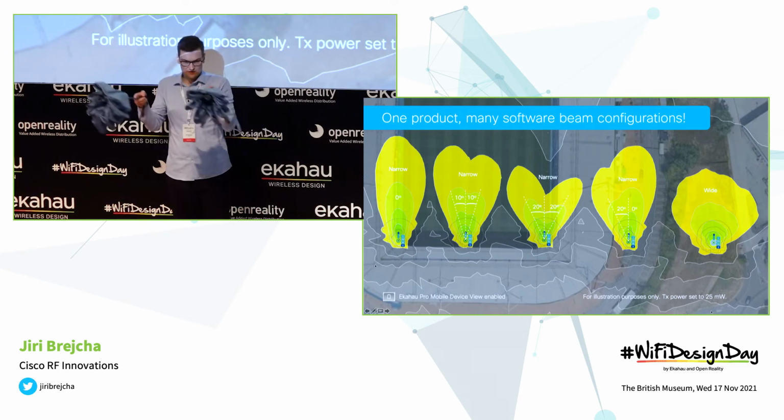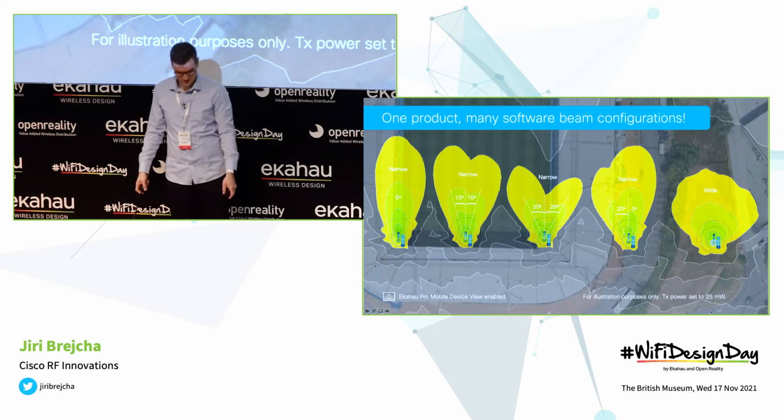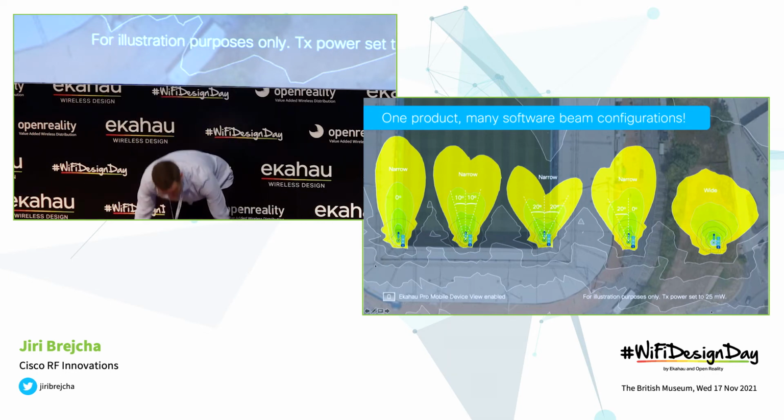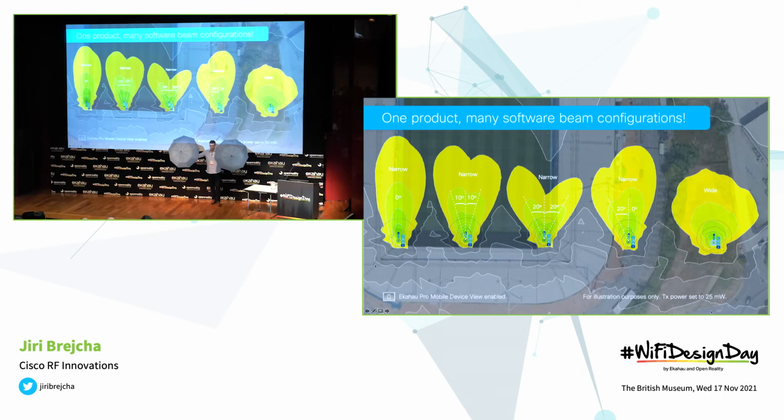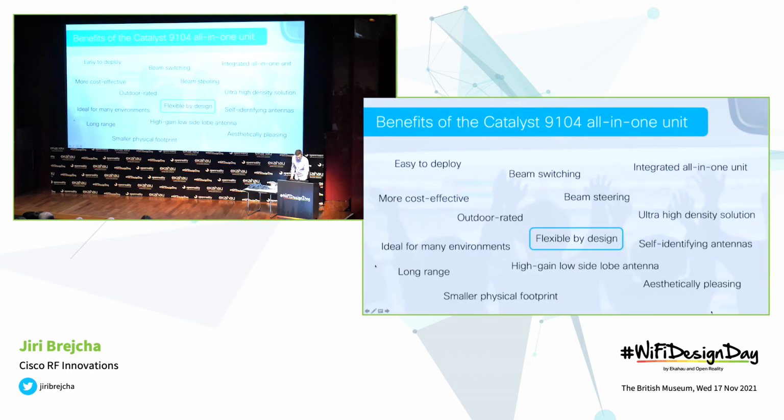And then you can have the wide pattern, if you will. If I was going to do two wide, I can do two wide. Or if I choose to do one wide and one narrow, I can do that as well. So that's how it would look from the actual coverage perspective, how you can aim those beams.